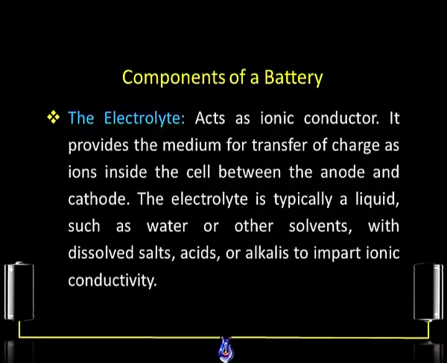Now the electrolytic solution. It acts as an ionic conductor. Electrolyte solution provides the medium for transfer of charge as ions inside the cell between the anode and cathode. It is typically a liquid, either water or any other solvent mixed with salts, acids or alkalis to impart ionic conductivity.